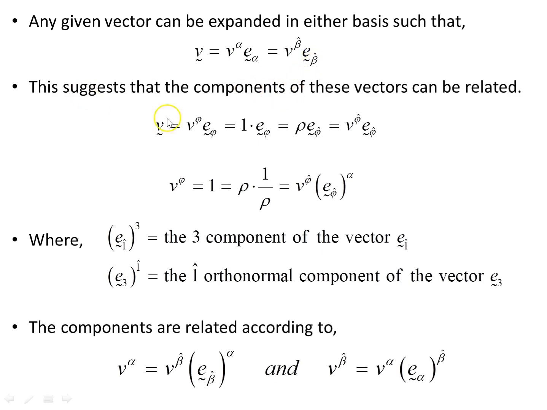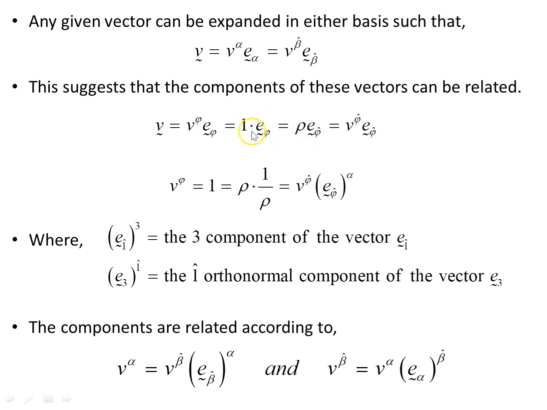Now this suggests that the components of these vectors can be related. So we've got some vector with v^phi e_phi in the coordinate basis, which is 1 times e_phi. Now we know from previously that rho times e_phi hat gives you e_phi, because remember, e_phi hat had the 1 on rho times e_phi.